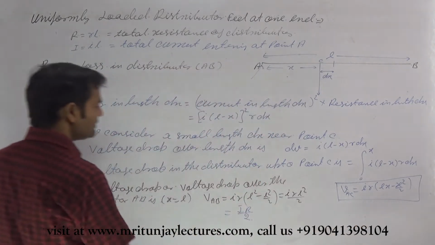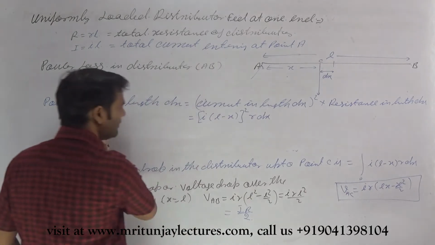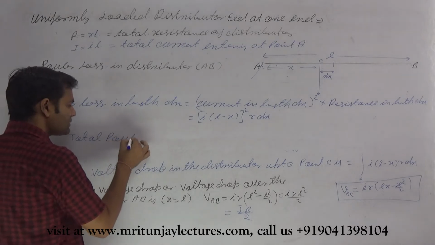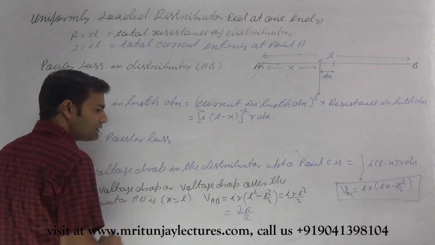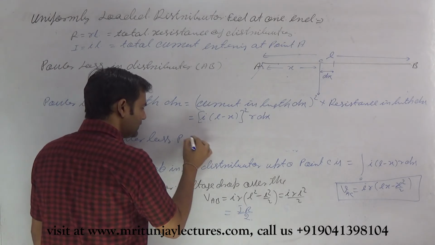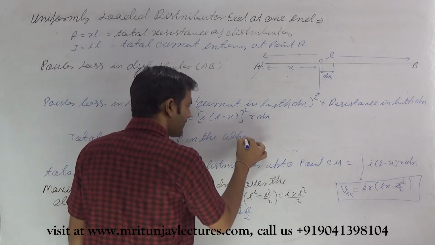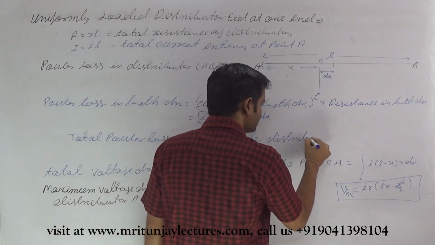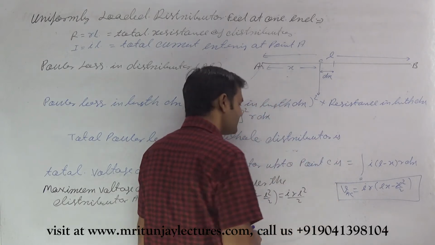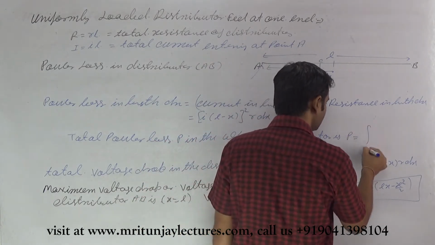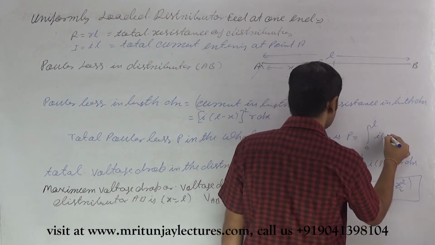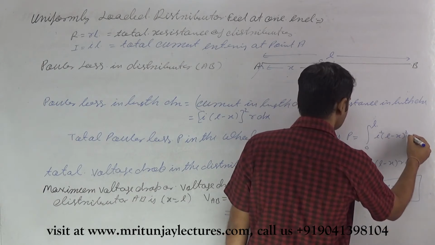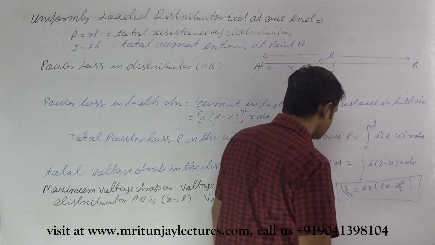Our motto is power loss in the whole distributor, to determine the total power loss. Power loss P in the whole distributor is P equal to the integral from 0 to L of (I(L minus x)) whole square into R into dx.